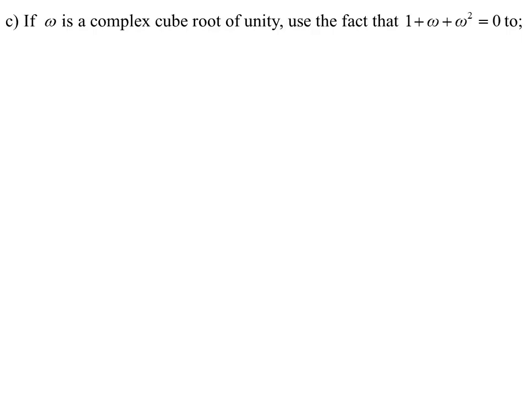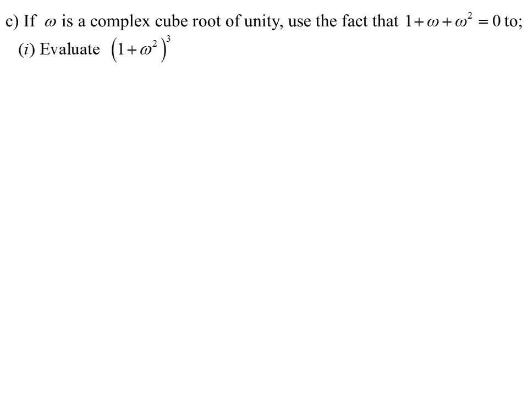This time it's going to be a complex cube root of unity. So solution to omega cubed is equal to 1. Use the fact, so I don't have to prove it this time, they've given me the result. Use the fact that 1 plus omega plus omega squared is equal to 0 to evaluate this. Now, when you're playing with these roots of unity questions, basically there's just two things you know. In this case it's a cube root of unity, so I know omega cubed is equal to 1.